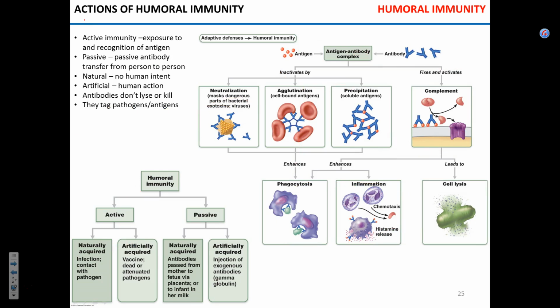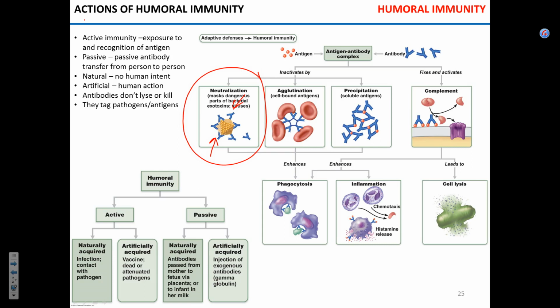And what can antibodies do? First and foremost, antibodies do not kill. They do not lyse. Make sense? What they do, they tag the pathogens. So here, you can see a virus on the left being tagged by antibodies.